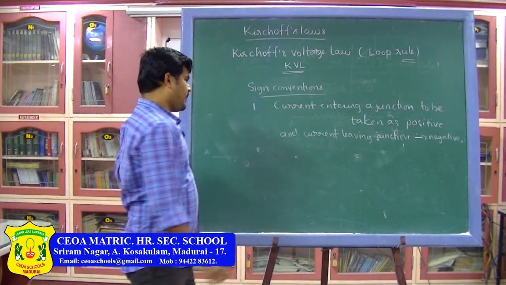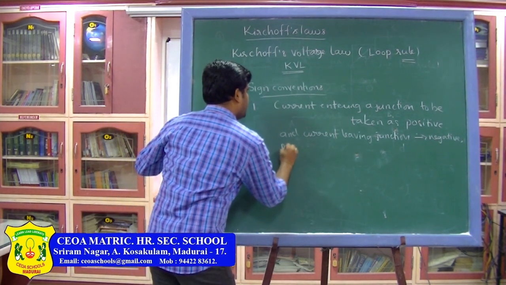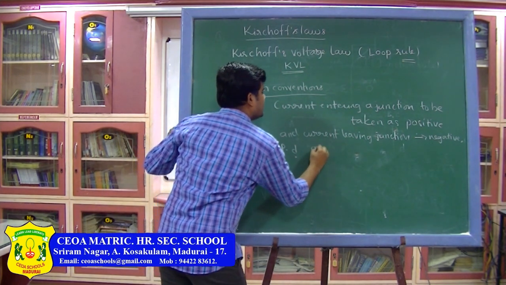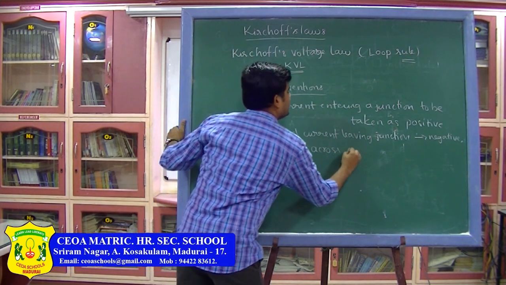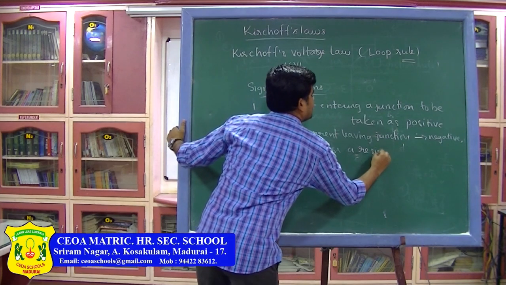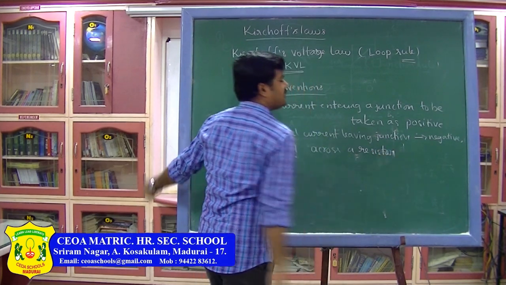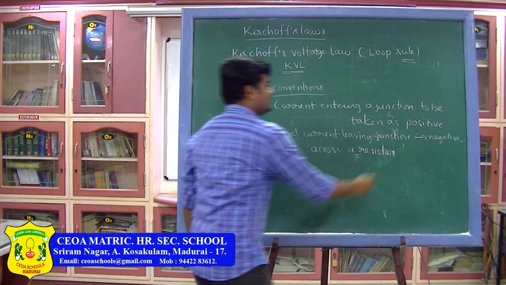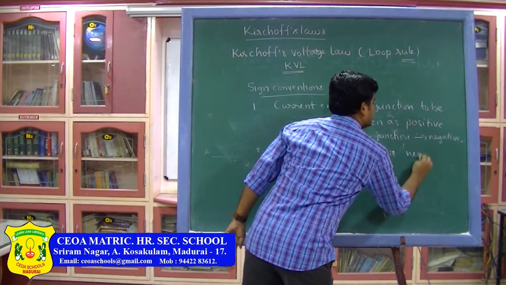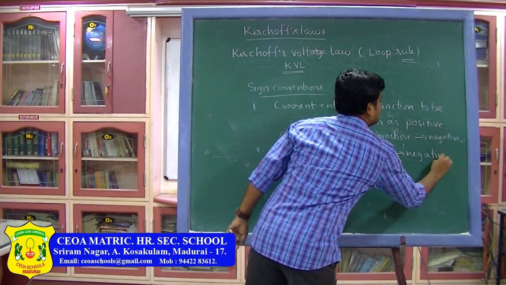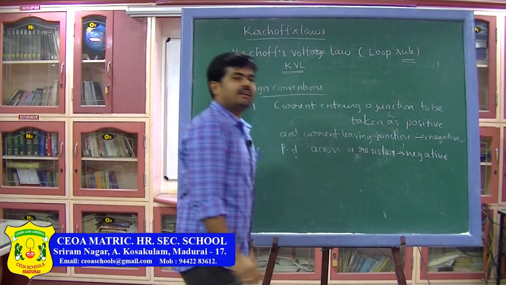First, the potential drop or potential difference across a resistor is to be taken as negative if one moves in the direction of current.